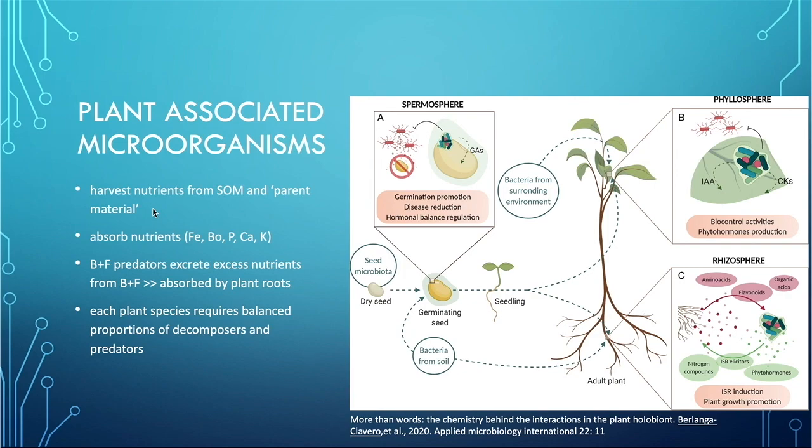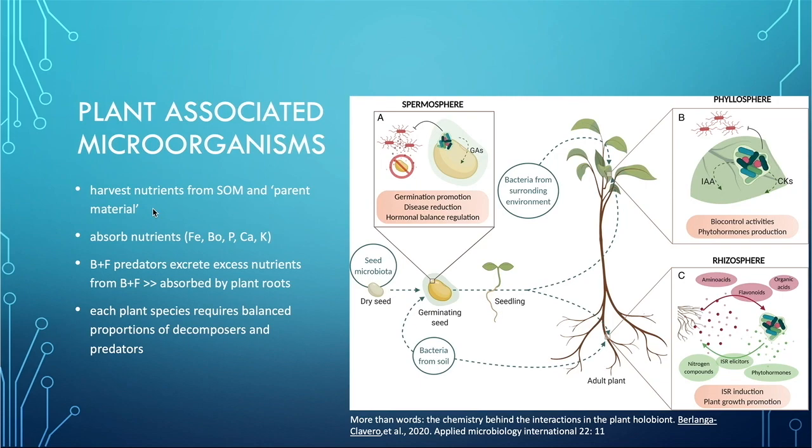Also, these organisms that are essential for each individual seed have hormonal balance regulation around that seed. So germination can only occur through microorganisms present on the dry seed, stimulating seed germination where water becomes available. And then bacteria from the soil also aid this process of germination and going into the seedling stage.